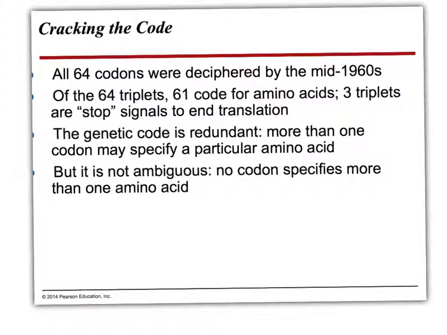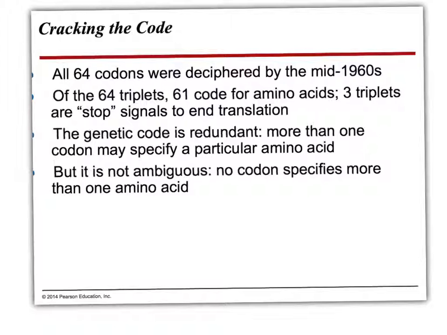Basically, it's not an inherent stop signal. And we're going to go through the specifics of this. But an amino acid can't be brought in because it doesn't fit with the messenger or the tRNAs. So no amino acid can be brought in, so the ribosome ends up separating and stopping translation.